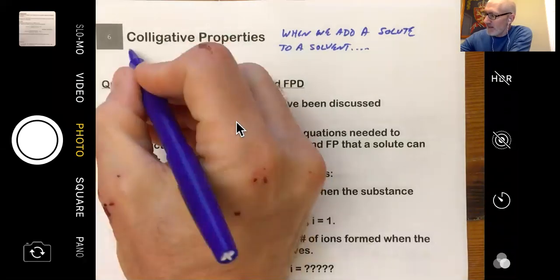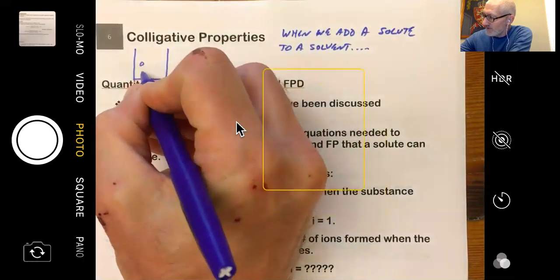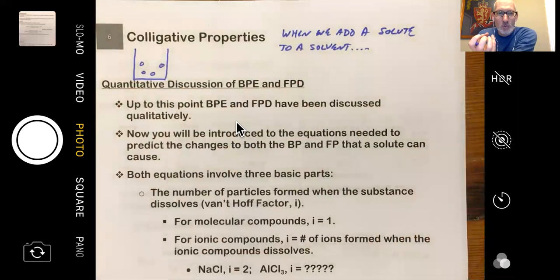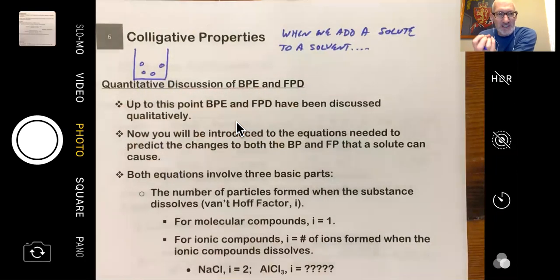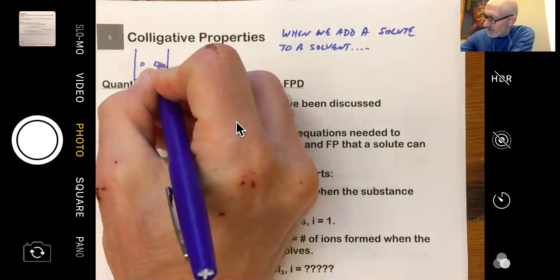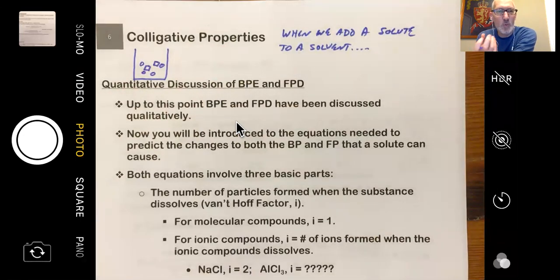If I think about my container that has water molecules in it, I'm just going to draw the water molecules real simply. If I'm going to cool that down and turn it into ice, these molecules have to get closer together. And if I insert some salt, and I just represent the salt with some squares, now I have some things that are in the way.